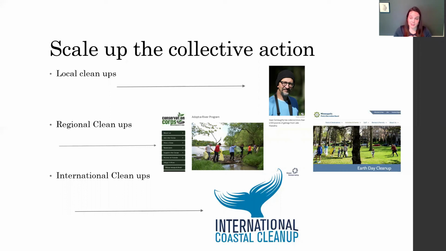So cleanups that clean up an entire area of shoreline, or cleanups that build into these larger group initiatives. So the scale really does compound. It goes from that local to the regional to those international cleanups, which can have huge impact. Each one of those steps is important to making sure that our ecosystem can thrive.